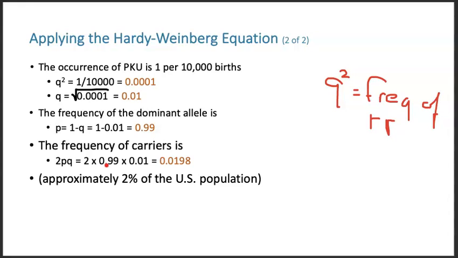So 2 times 0.99 times 0.01 gives us 0.0198, which is about 2%. And it turns out that about 2% of the US population is heterozygous. Since it seems to remain at about 2%, we know that evolution is not happening.